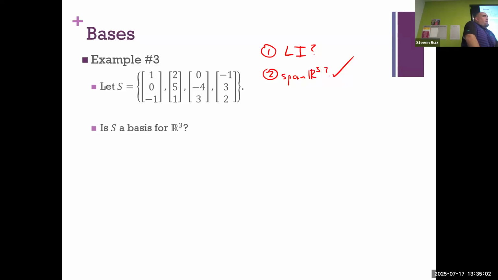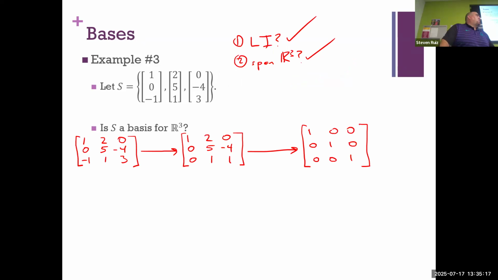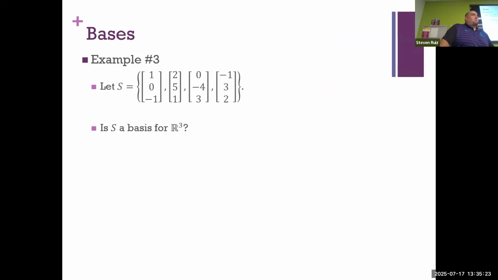Right, let me put it to you this way though. We just found out that these three vectors, if you can combine them, you can hit any vector in R3, right? Which includes this, which means it's not linearly independent.